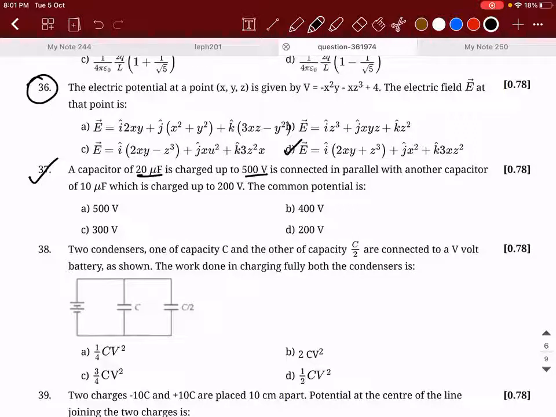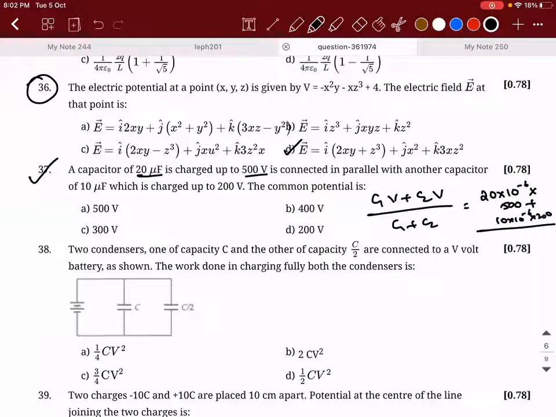What is the answer? So what is C1V1 now? 20 into 10 power minus 6 into 500 plus C2V2, which is 10 into 10 power minus 6 into 200, the whole divided by 30 into 10 power minus 6.